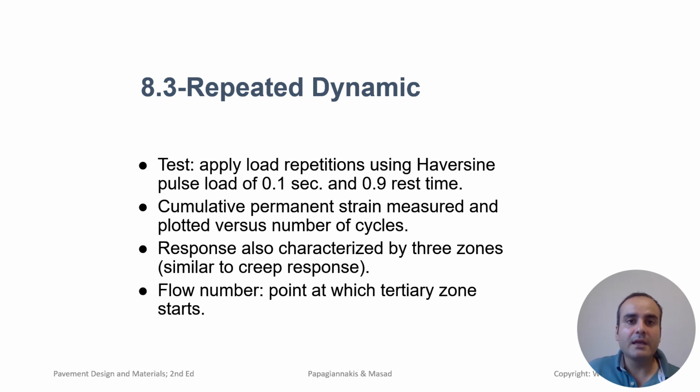This test helps predict how well the mixture can withstand repeated traffic loads without developing fatigue cracks or permanent deformation. The results of this test are critical for designing mixtures that can endure the stresses of high-traffic environments.